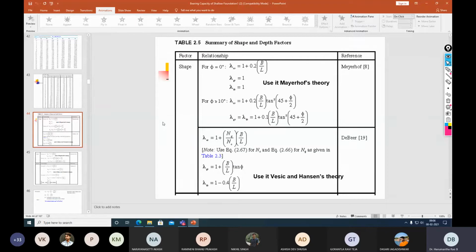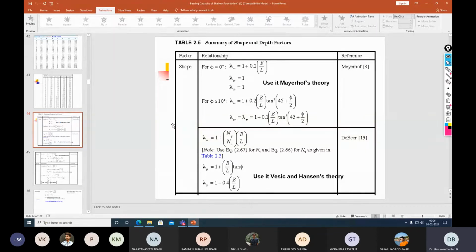Although Terzaghi's equation has been modified depending upon the shape of the footing, it still has other limitations. It is not useful if the load is inclined, or if the footing is subjected to axial load as well as moment, or if the base of the footing is itself inclined, or if the footing is located on sloping ground or on the ground surface.